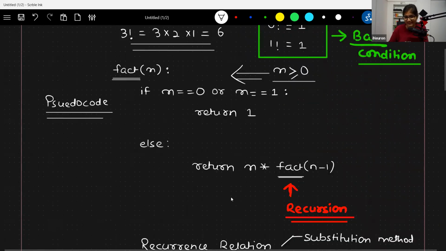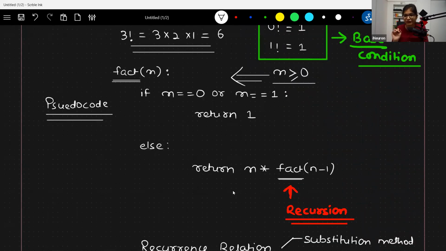Now, how can we create that? Here, if you see, suppose the time complexity required for the code is T of n. So, can anyone tell me what is the time complexity required for this code?